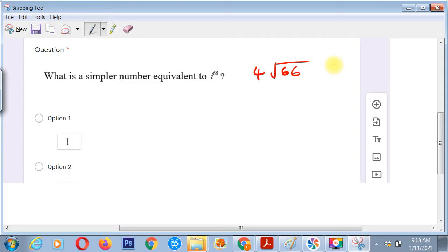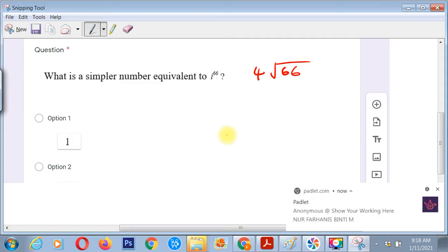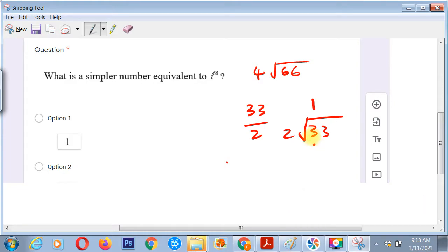So you just put it in the calculator, divide by 4, and you will have 33 over 2. So 1, so 0, 2. How does it work?